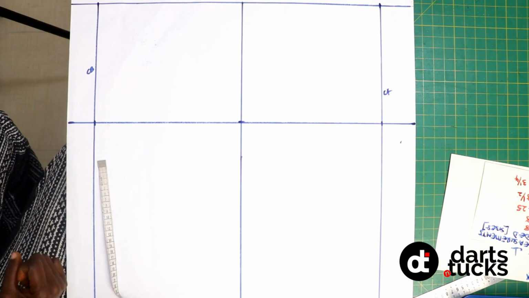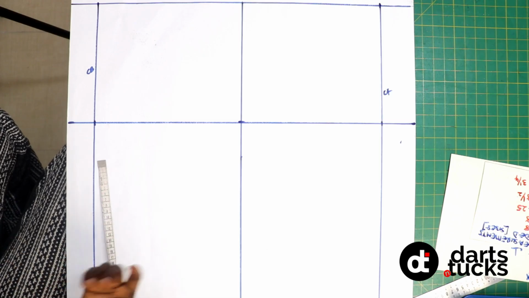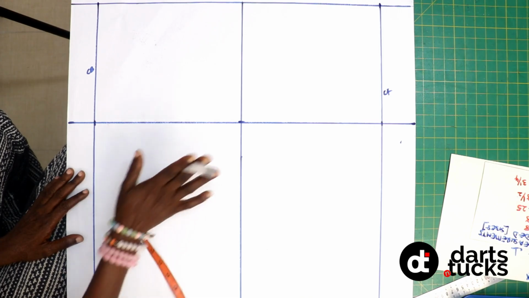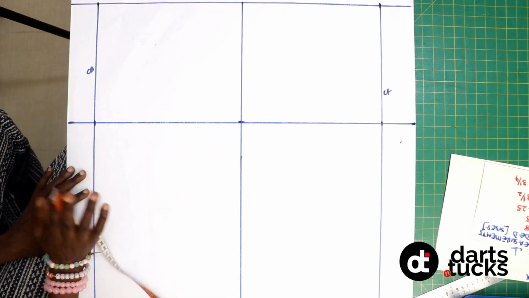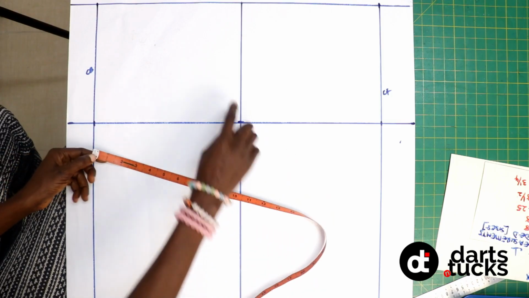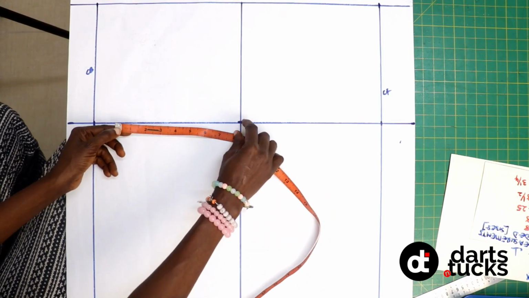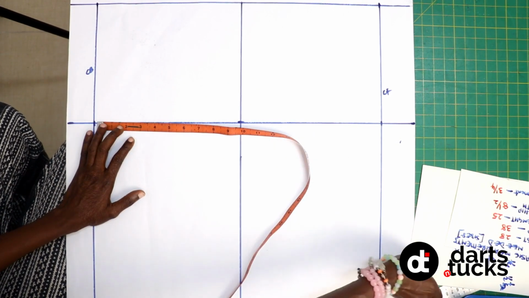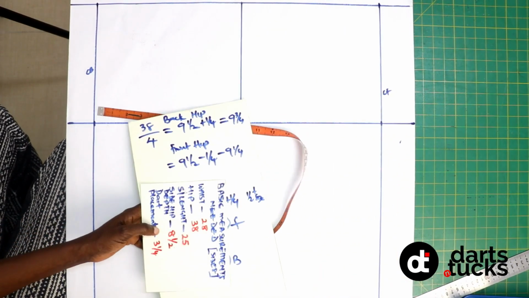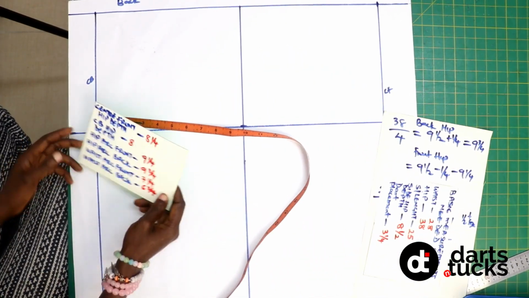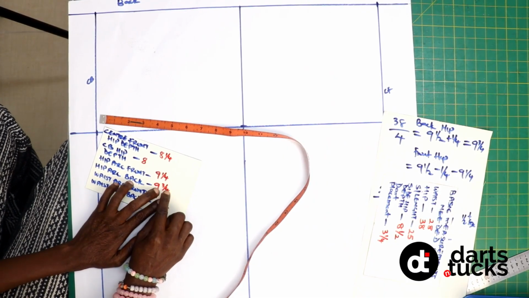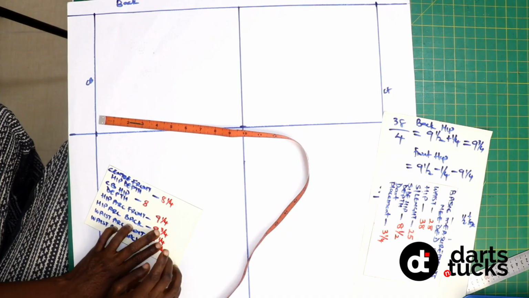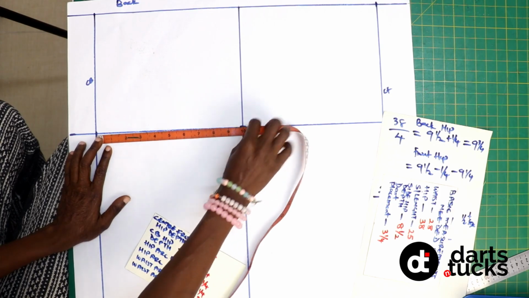If you add ease and at fitting you feel it's too much, you can remove it, but you won't be removing too much because the ease you are adding is not too much. For this pattern drafting class, I'm adding a 1/4 inch. Now, because this is my hip level, I'm going to come to this hip and measure that back hip, because this is my back. So my back hip is 8 3/4. Adding a 1/4 inch makes it 10 inches. So I'm going to mark that 10 inches there, and that's what I did.